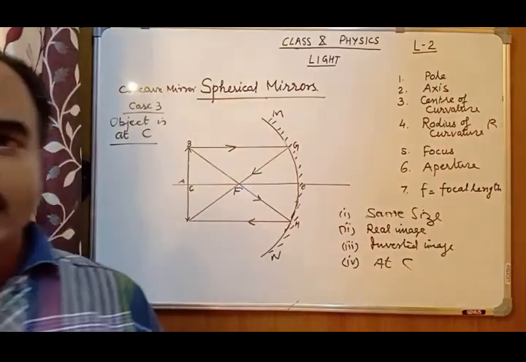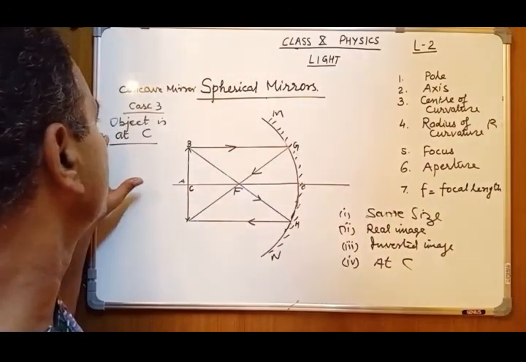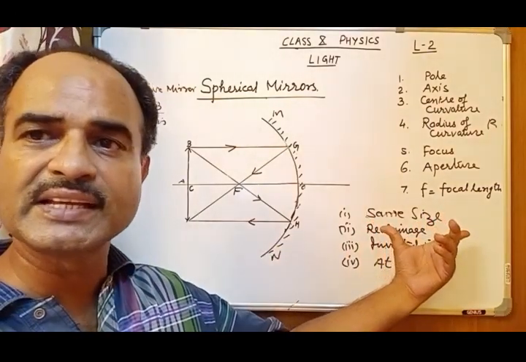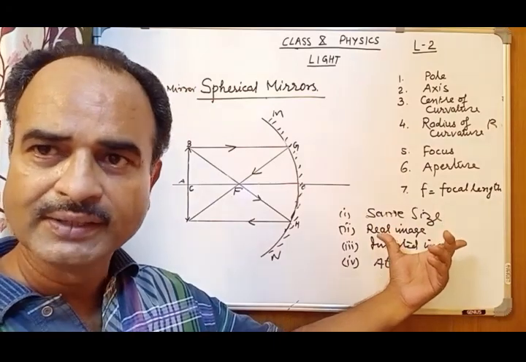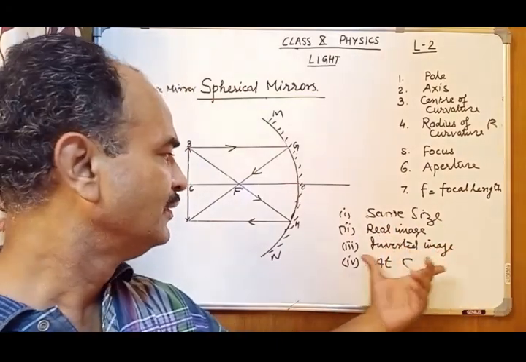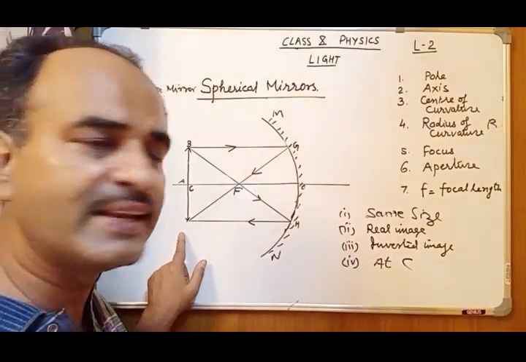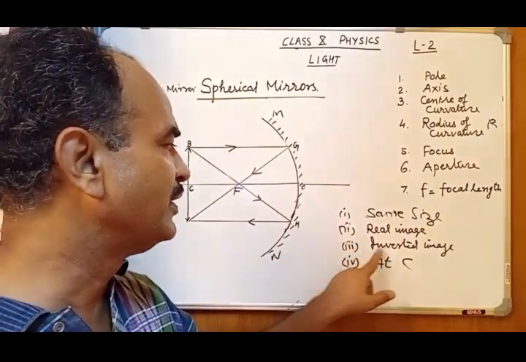So the nature of the image in this case, when the object is at C, it will be of the same size. The magnification M will be 1, that is V upon U will be 1. It will be a real image because the rays are actually meeting here, and it will be an inverted image.